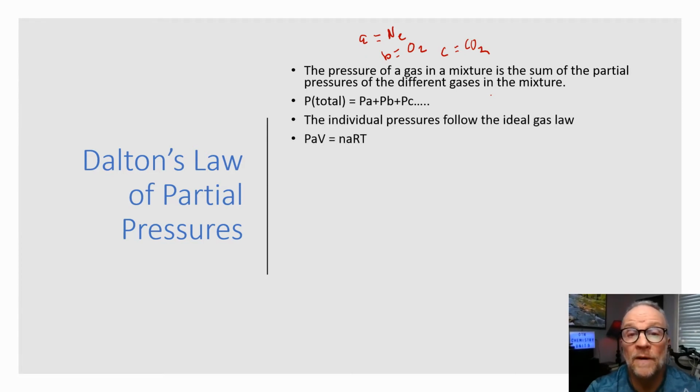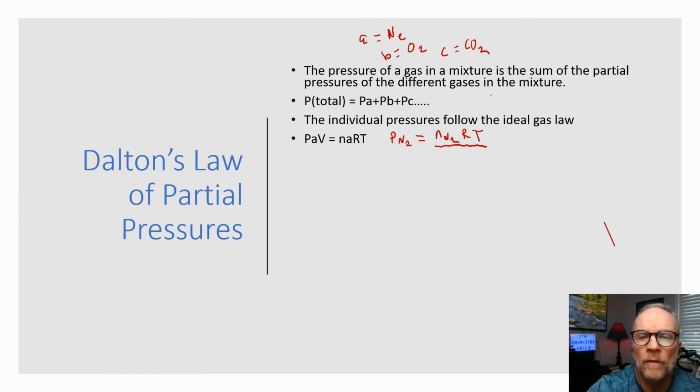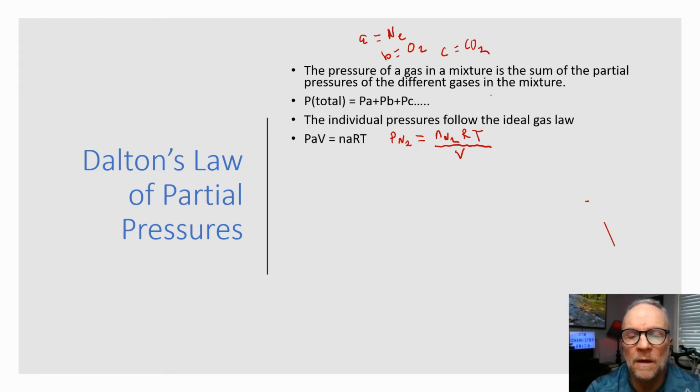And so to figure out these, you can do them with the ideal gas law equation, PV = nRT. So in our example here, since we assigned A as N2, the partial pressure of N2 would equal the moles of N2 times RT over the total volume of the gas. So pretty easy concept to get your hands around. The mole fractions of gases are often used.